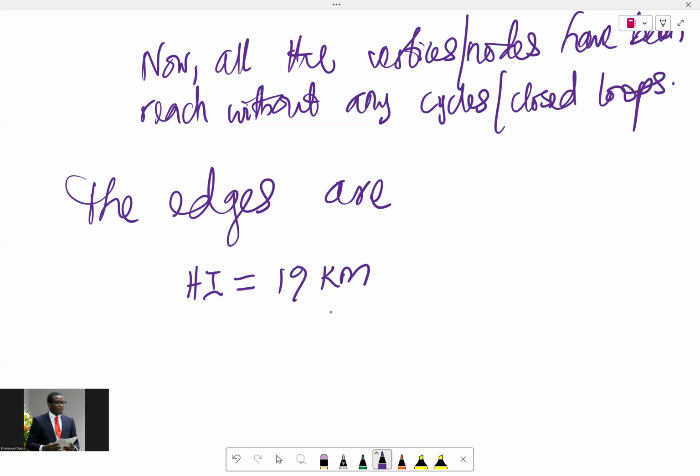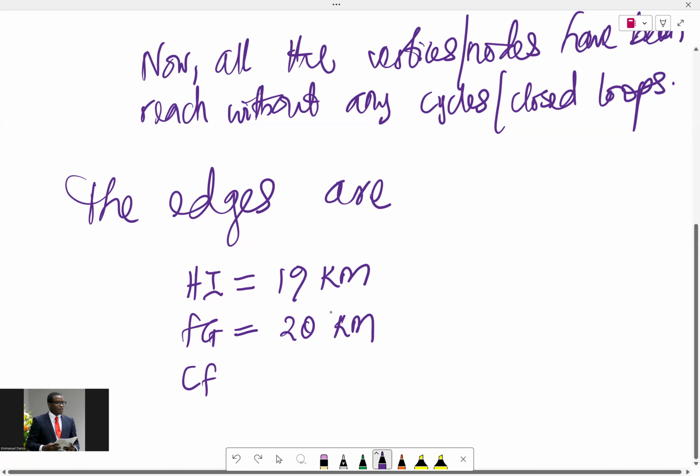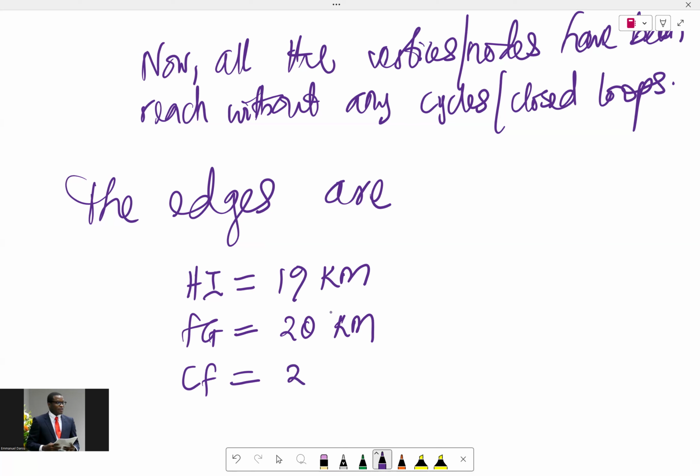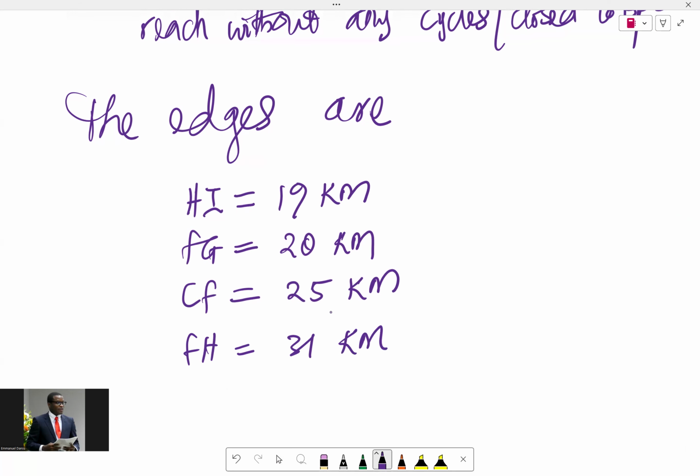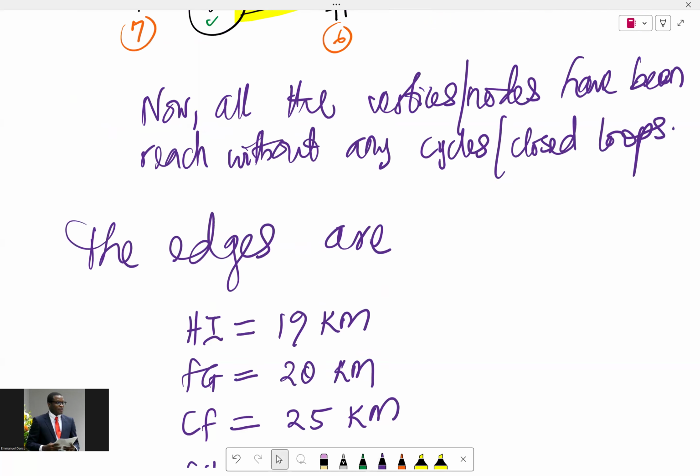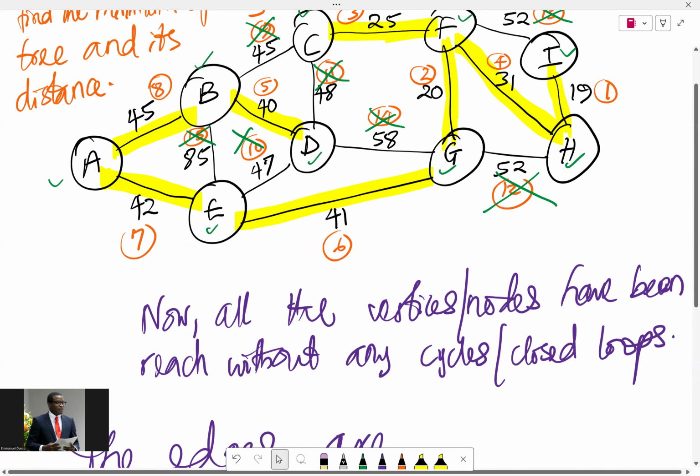We have FG, which is 20 kilometers. That's the order we went. We have CF or FC if you like. CF is 25 kilometers. We have FH. FH is 31 kilometers. Then we have BD. BD is 40 kilometers.